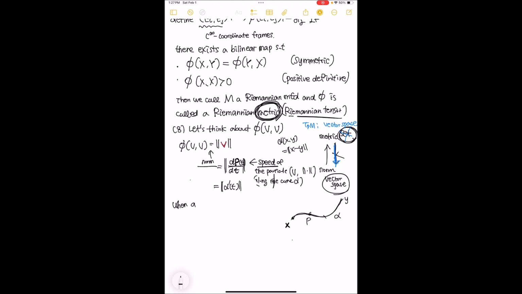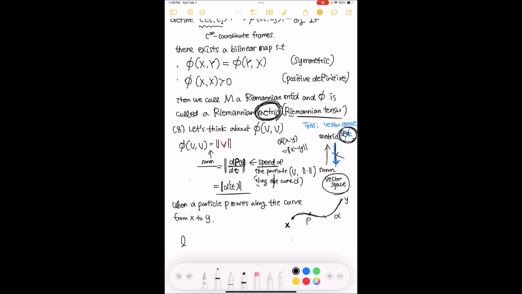When a particle P moves along the curve from x to y, because this is speed, the total length is defined.